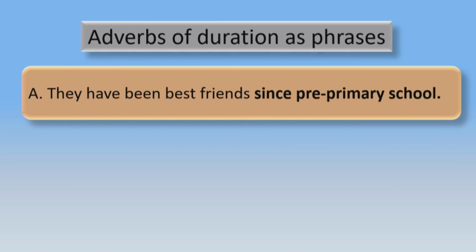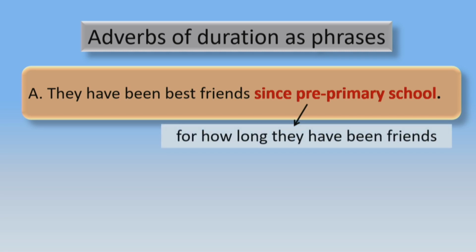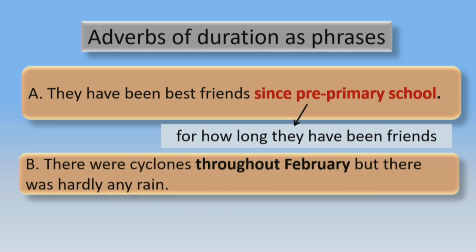They have been best friends since pre-primary school. In this sentence, the adverb of duration is since pre-primary school. The phrase indicates for how long they have been friends. There were cyclones throughout February, but there was hardly any rain.